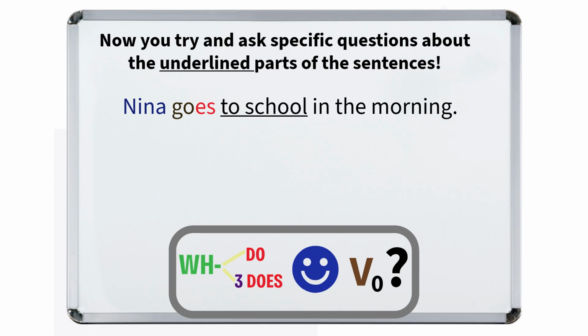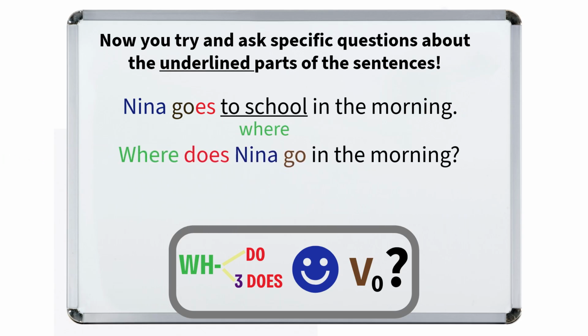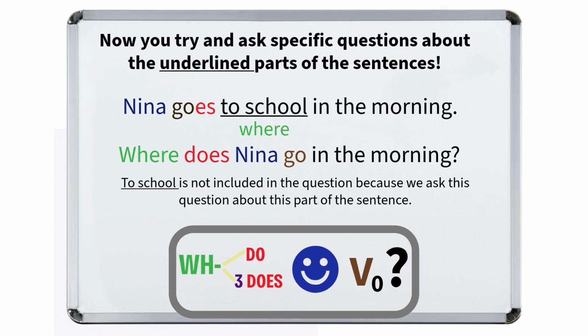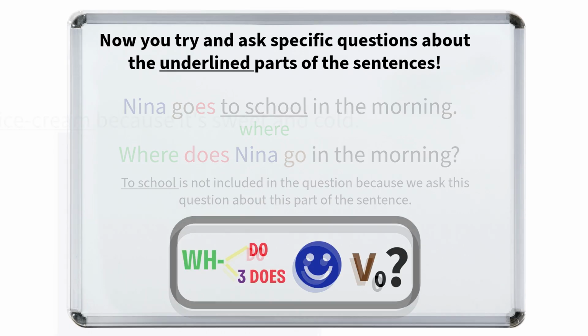Nina goes to school in the morning. To school? Where? Where does Nina go in the morning? To school is not included in the question because we ask this question about this part of the sentence.